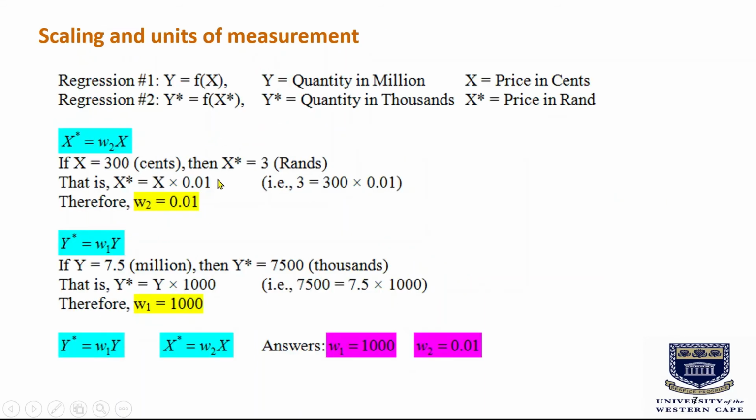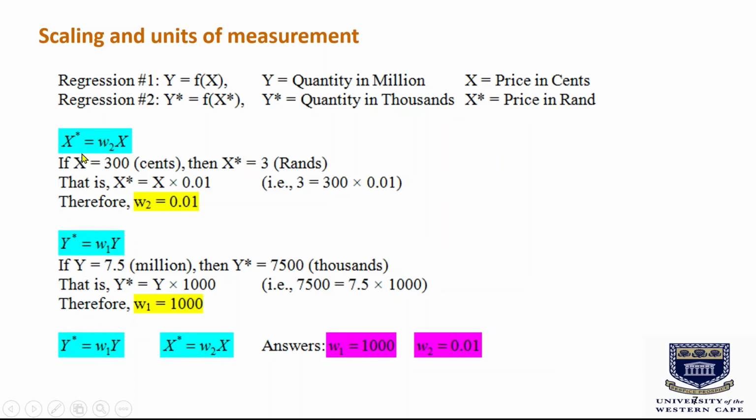This slide shows us how we arrive at the values for W2 and W1, right? So for the x variable, it says if x is 300 cents, then x star is 3 rands.